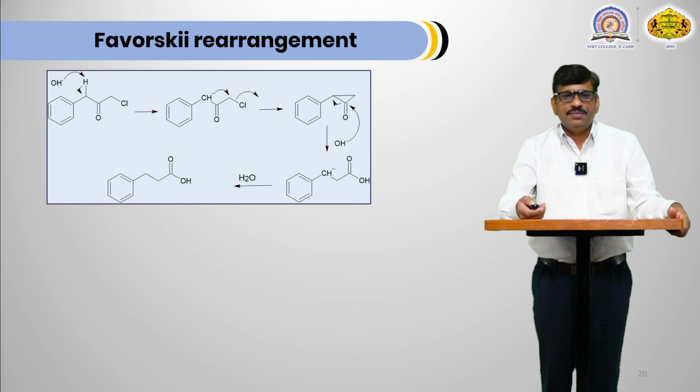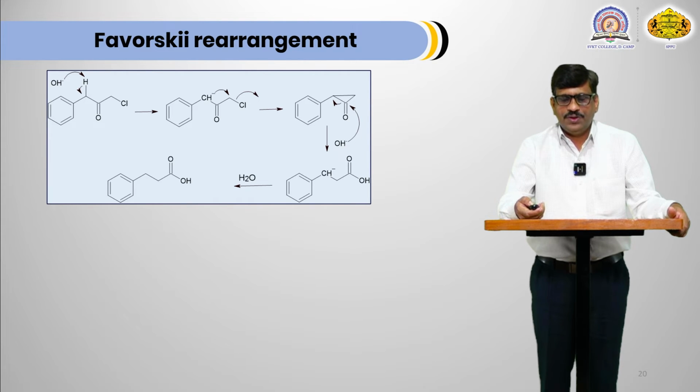This is the mechanism showing how the Favorskii rearrangement is taking place. Base abstracts the alpha hydrogen atom because the alpha hydrogen atom is the more acidic hydrogen atom. That acidic hydrogen atom is taken by base and there is generation of carbanion. Carbanion can be converted to enolate, and after formation of enolate, there is formation of cyclopropanone intermediate.